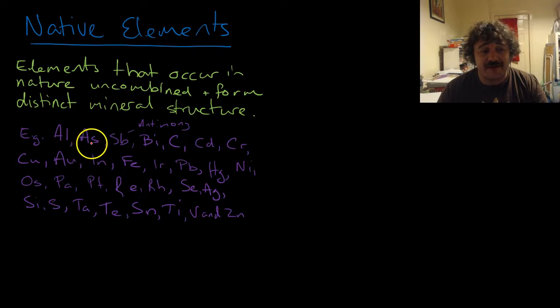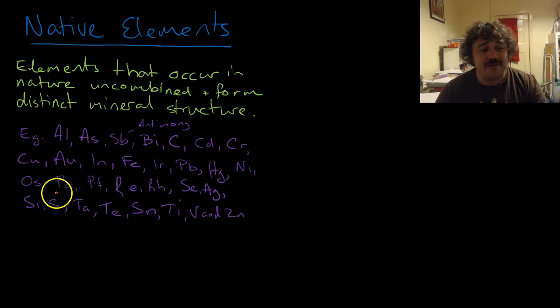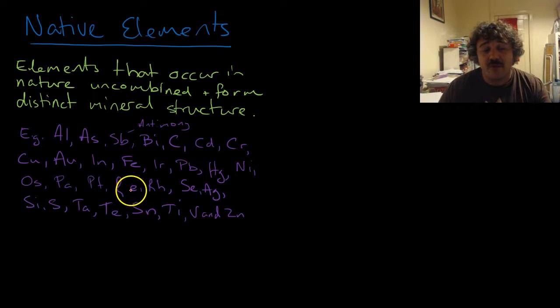So we've got aluminium, arsenic, antimony, bismuth, carbon, cadmium, chromium, copper, gold, iron, iridium, lead, mercury, nickel, osmium, palladium, platinum, rhenium, rhodium, selenium, silver, silicon, sulfur, tellurium, tin, vanadium, and zinc. Those are your native elements.